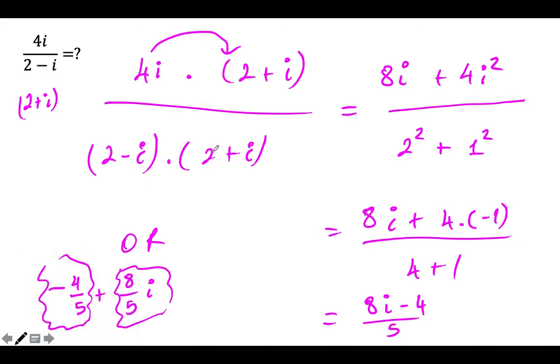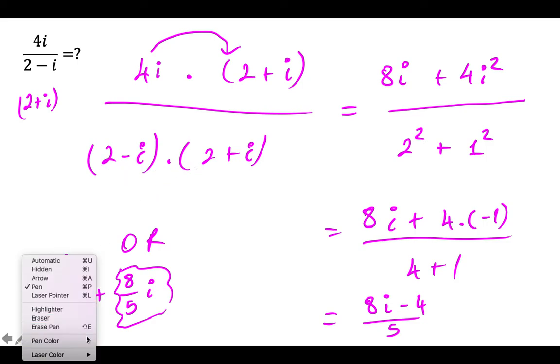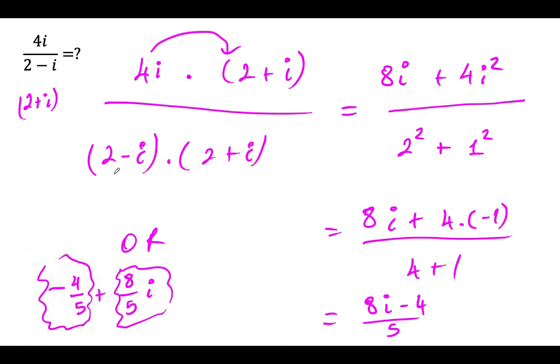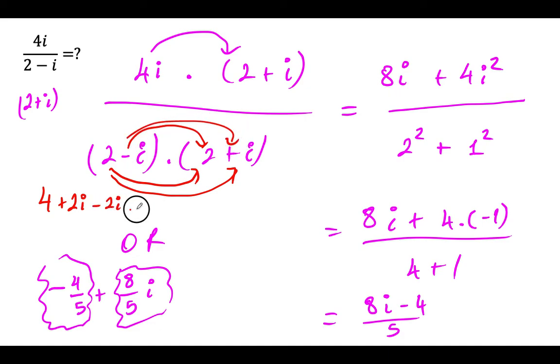So 2i minus i: 2 times 2, 4; 2 times i, 2i; negative i times 2, negative 2i; negative i times i, negative i squared. Which means negative 2i, positive 2i, 0. 4 minus, instead of i squared, if I put negative 1, the result will be, as you've seen, 5. What we said before also.